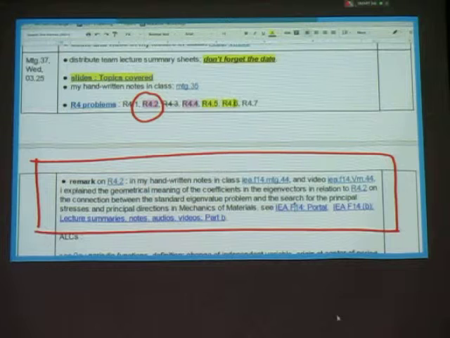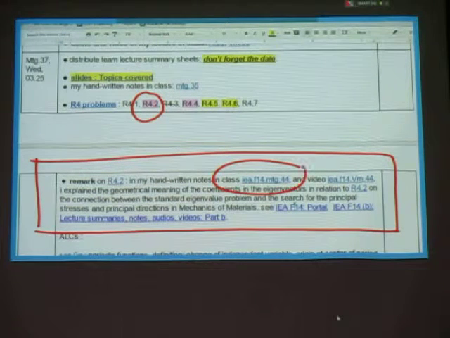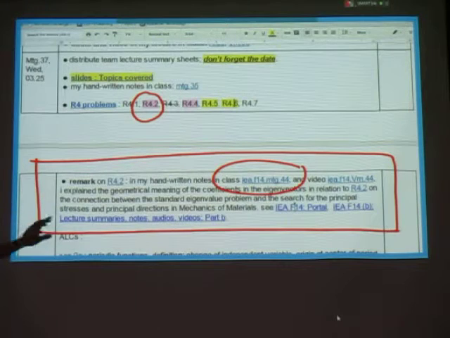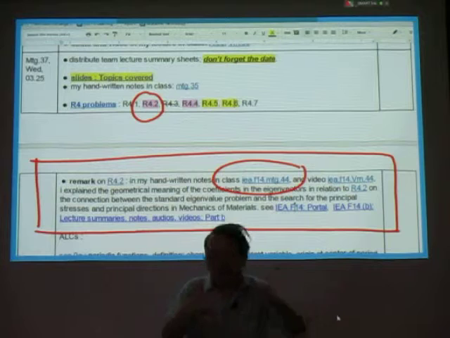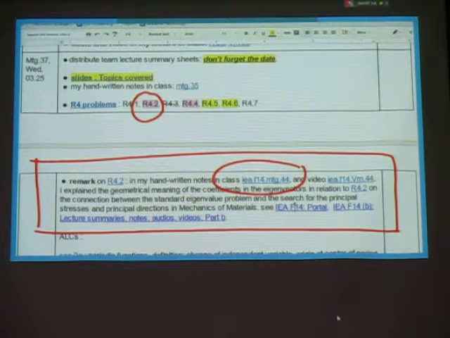So 2 things that I'd like to show you. My handwritten notes are from fall 2014, last semester, meeting 44, and there's also a video that you can watch to have additional explanation. But here I just want to show you quickly.